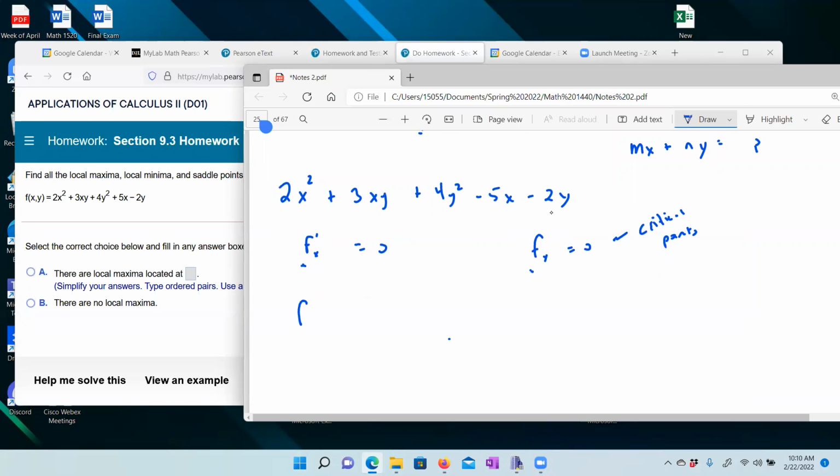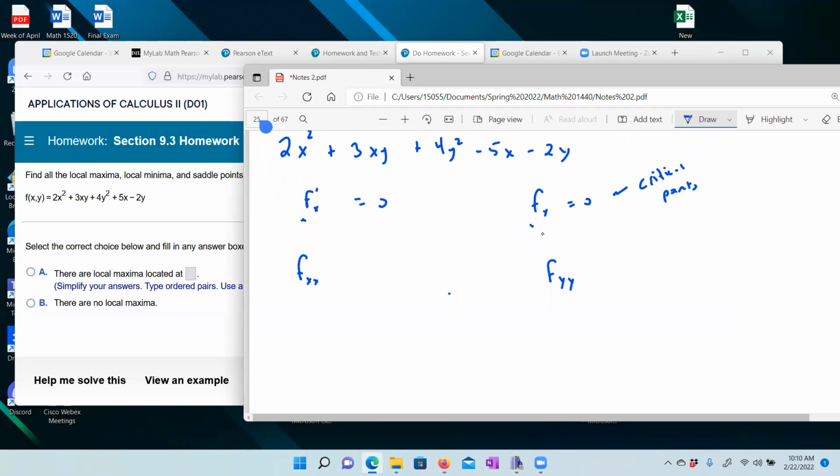Then we're going to test the critical points. We're going to take second derivatives of everybody, f_xx, f_yy, and plug in the critical points that we found, a, b. A lot of times it's just going to be a constant.